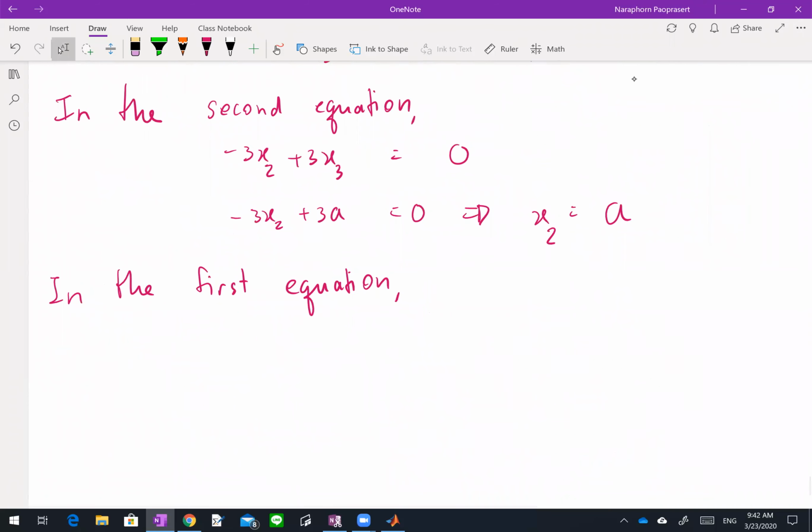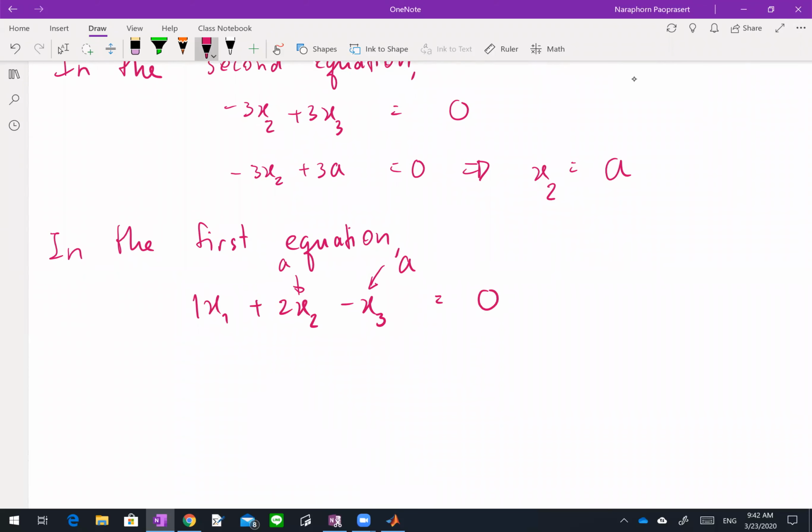So it's 1x1 plus 2x2 minus x3 equals 0. You plug in x2 equals a, x3 equals a. And so you have x1 plus 2a minus a equals 0. That means your x1 is just minus a, right?